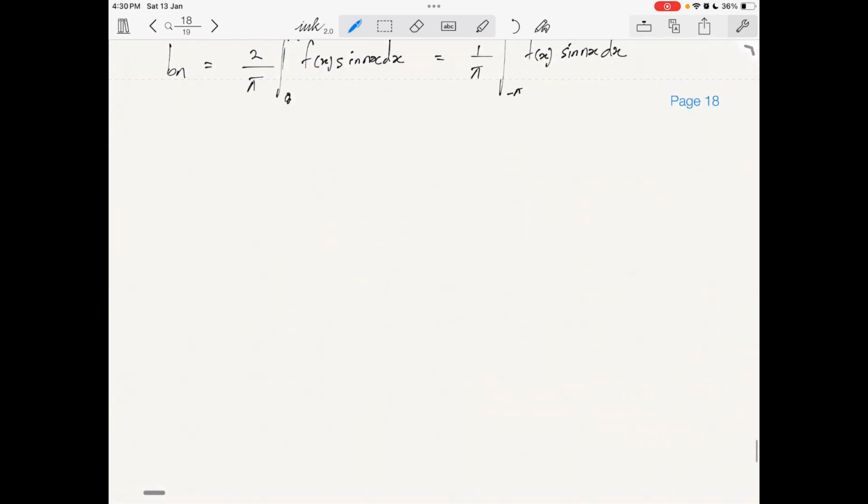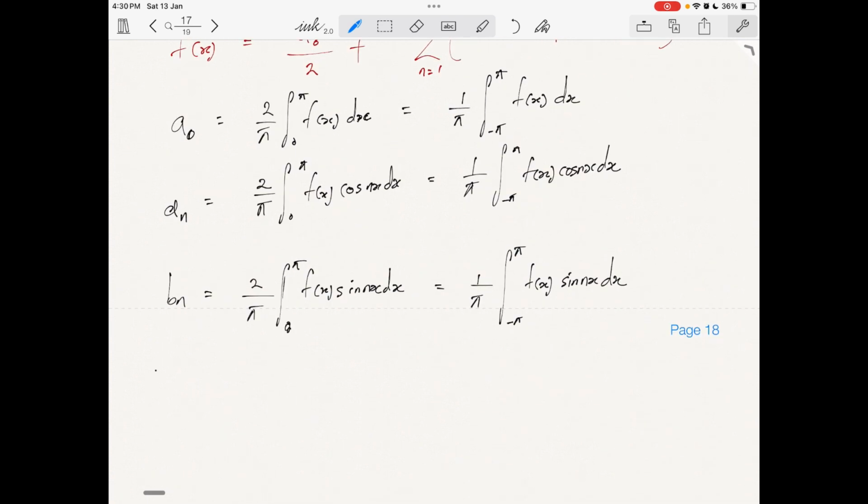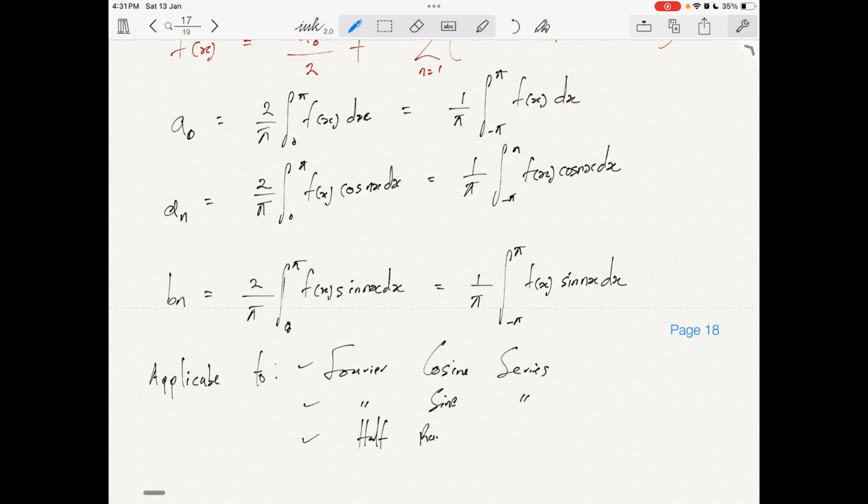Now this set of formulas is applicable to the Fourier series for even functions, which we call the Fourier cosine series. It is also applicable to the Fourier sine series, and also applicable to the half range Fourier series.